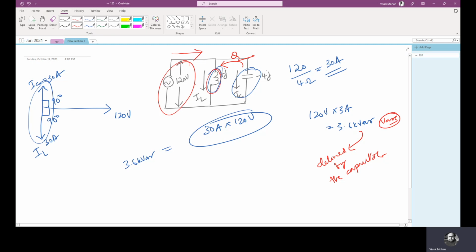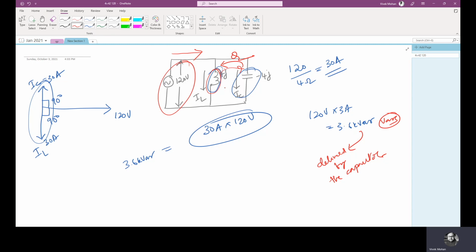Whatever is the requirement in the circuit is compensated from the capacitor. So by this we can conclude that a capacitor is a source of reactive power, and it acts as a reactive power source whenever it is a part of a sine wave based steady state circuit.